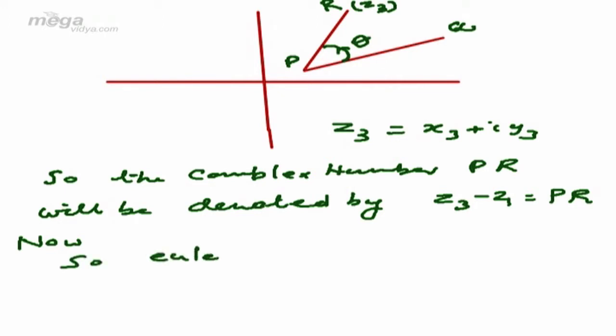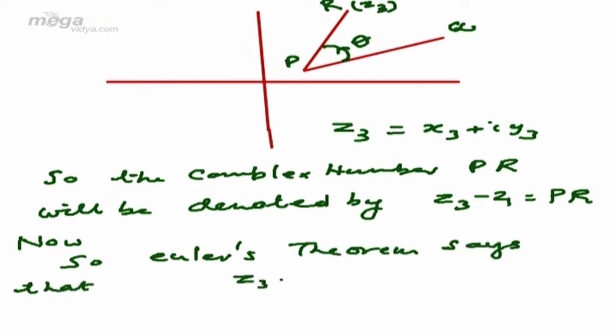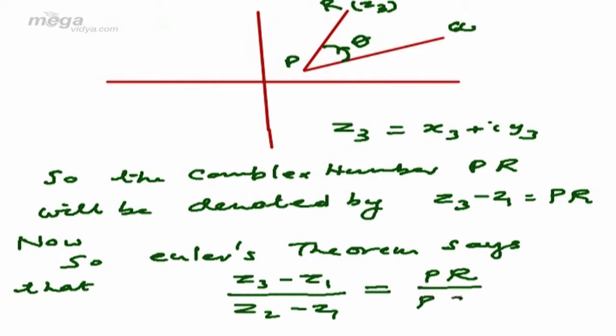So Euler's theorem says that Z3 minus Z1, that is the new position, divided by Z2 minus Z1, that is the initial position, is equal to the length of the final position divided by the length of the initial position into e to the power i theta, where theta is the angle made between the two lines PQ and PR.